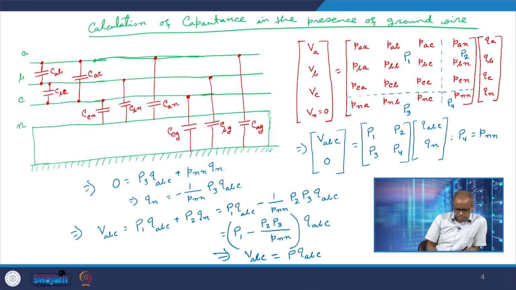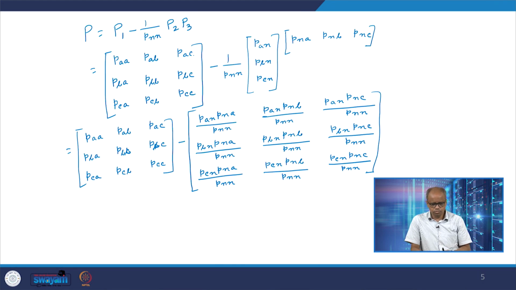From our intuitive understanding, just by drawing the capacitance diagram, we have already deduced that if I have a ground wire, my capacitance to ground would be higher, because it will be a parallel combination of two capacitances which simply add, and that same thing is also reflected if we follow the calculation process, right.